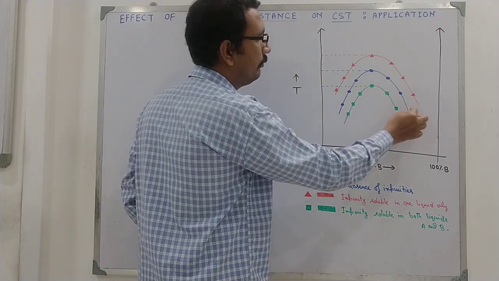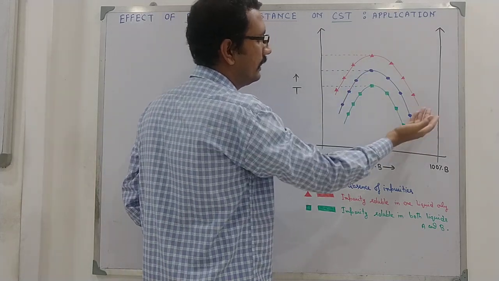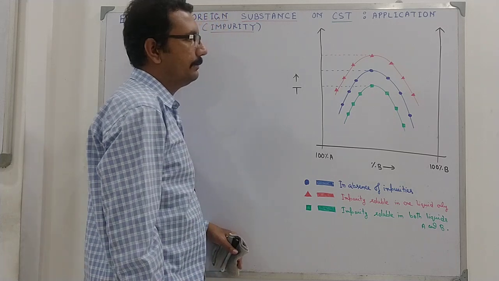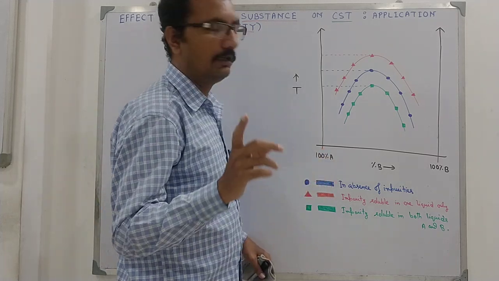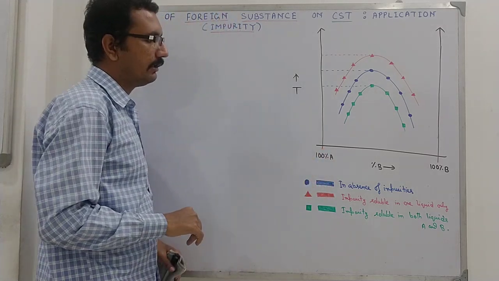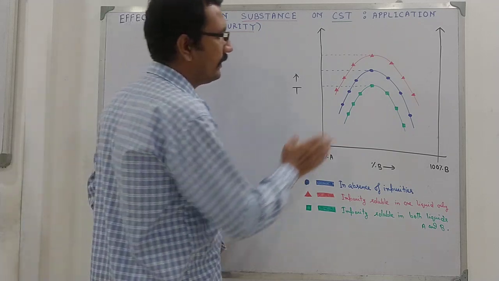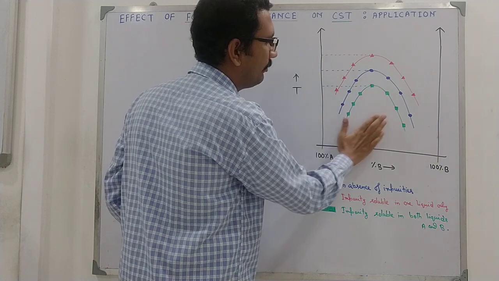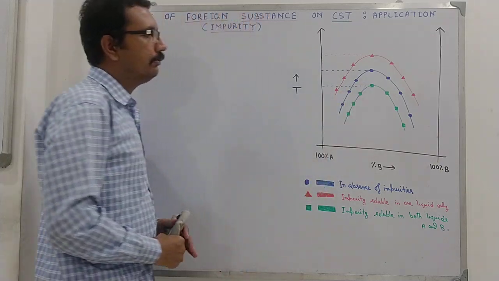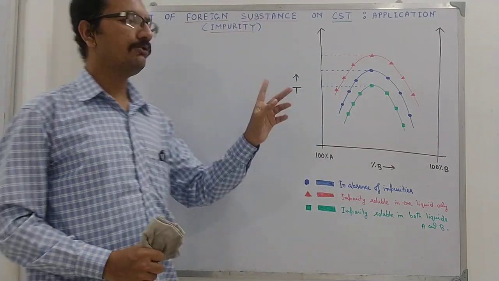So beyond this blue line we will have a single, homogeneous solution of phenol and water, no distinct boundary between them, and below it within the domain we will have two conjugate solutions having two different layers.